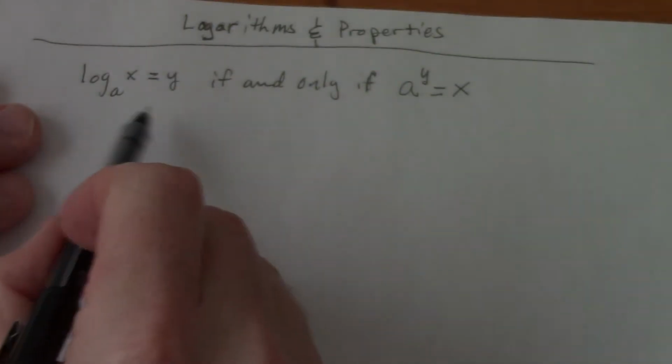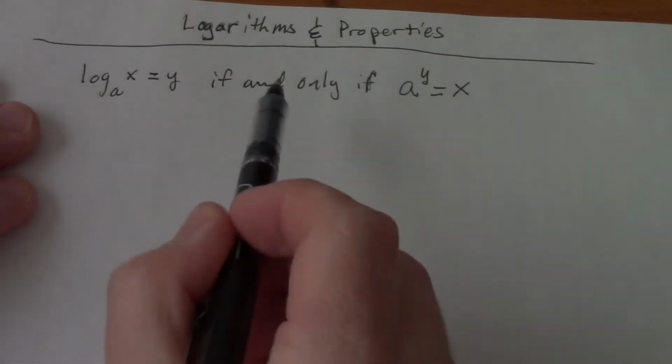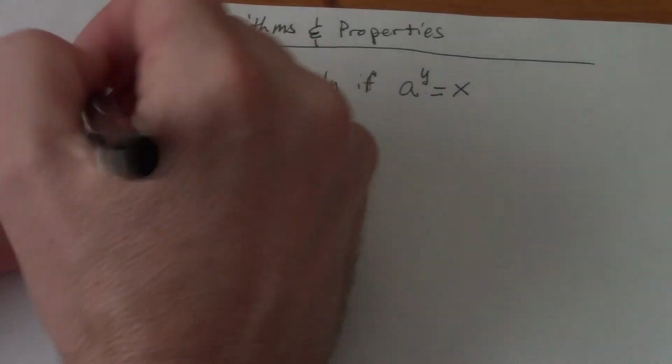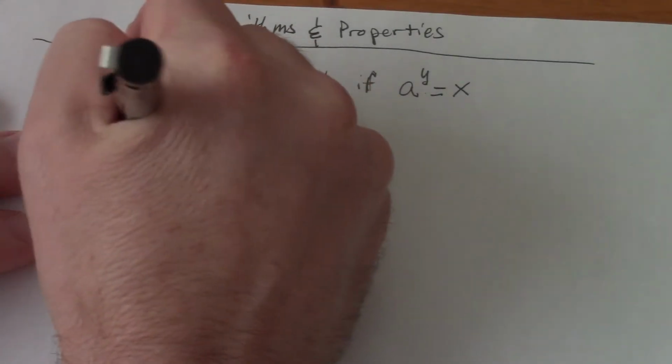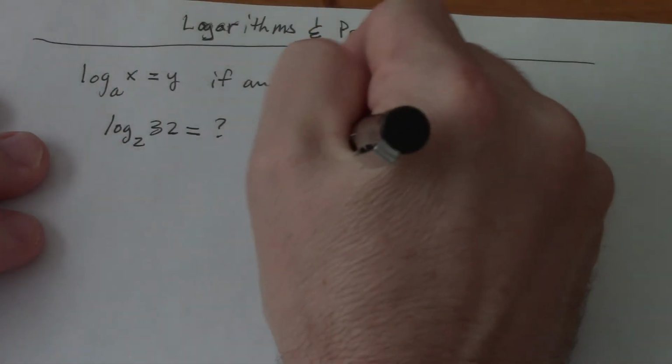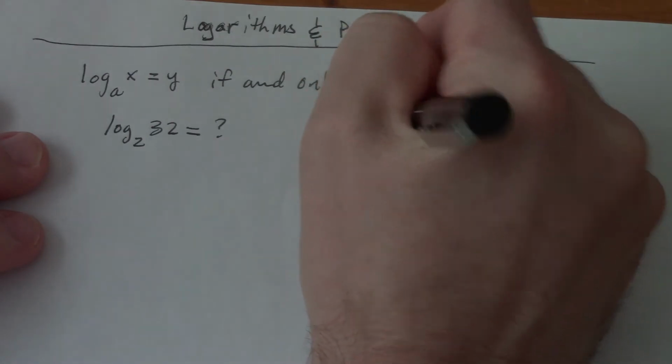The definition: log base a of x equals y if and only if a to the y equals x. So if we're trying to calculate a log, what's the log base 2 of 32? Well, that means 2 to the question mark equals 32.